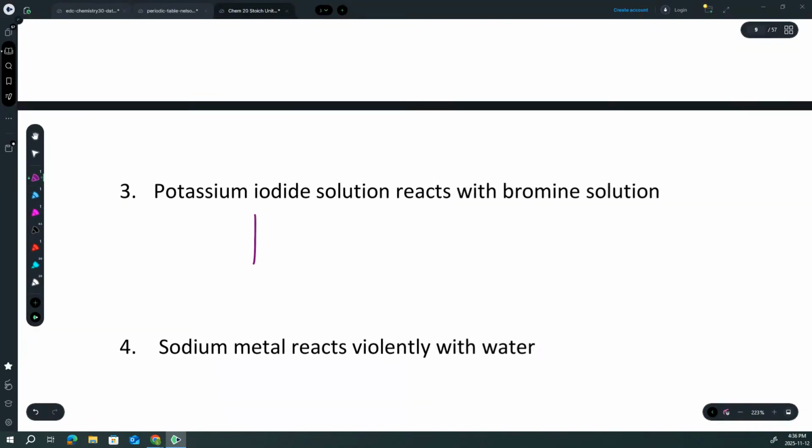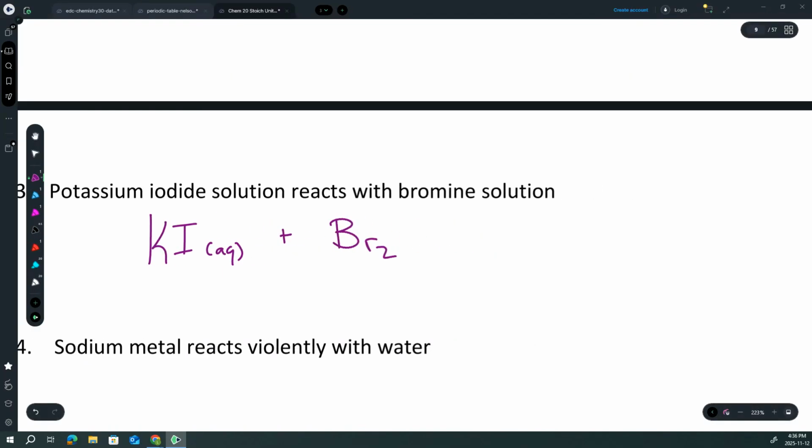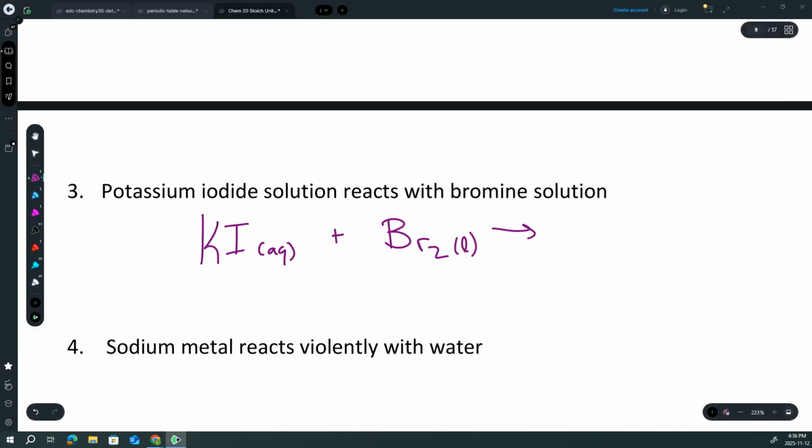We have potassium iodide solution. So potassium has a +1 charge, iodide has a -1 charge. That's balanced. Okay, reacts with bromine. So bromine, it's a diatomic element, and it's liquid. Okay, bromine likes to form negative ions.